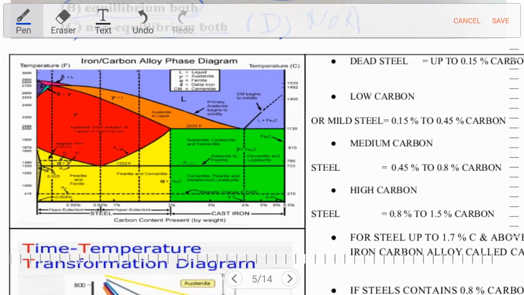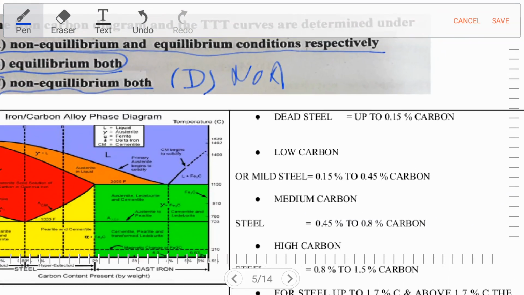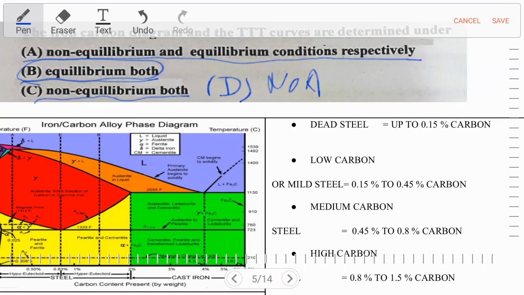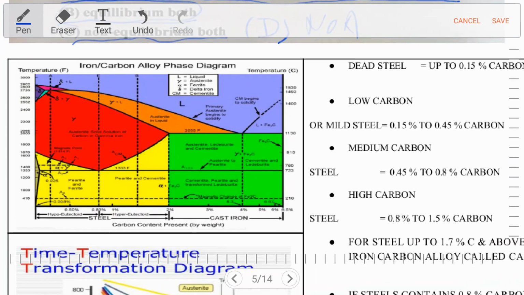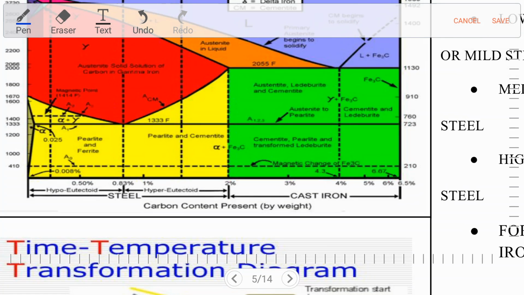But right now we have to discuss the important terms from which questions frequently come in the exam. So let's understand. Steel means if the carbon percentage in an iron carbon alloy is 0 to 1.7, then it is known as steel.